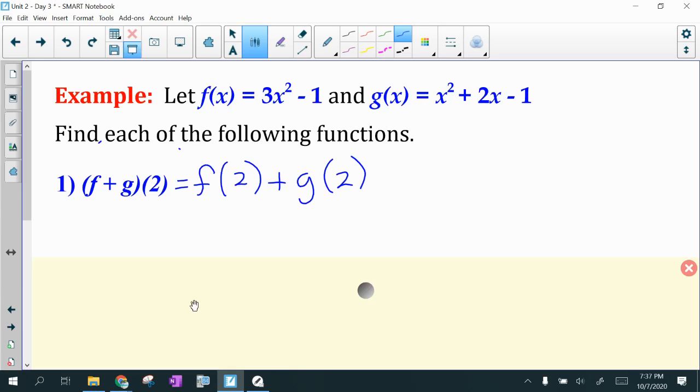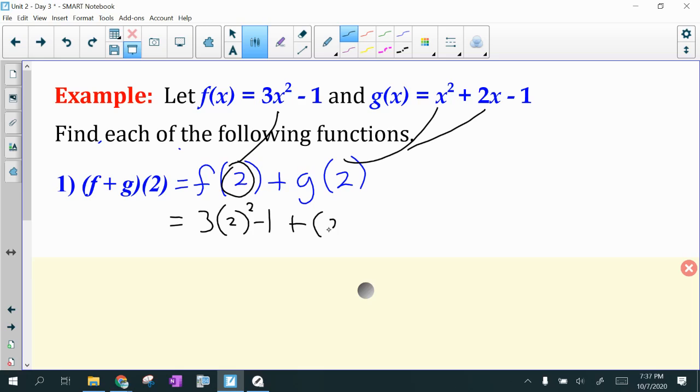Well, all I need to do, again, remember from our discussion previously, is substitute 2 in there and substitute 2 in there. So I'm looking at 2 squared is 4. 4 times 3 is 12, and 12 minus 1 is 11.